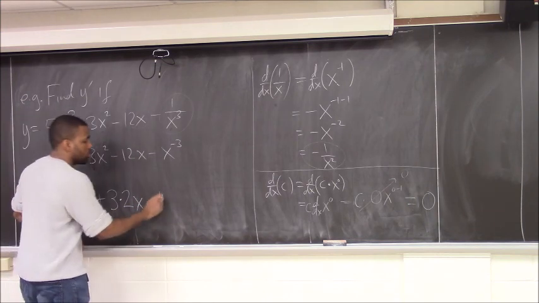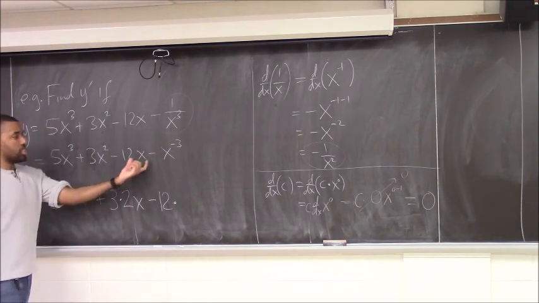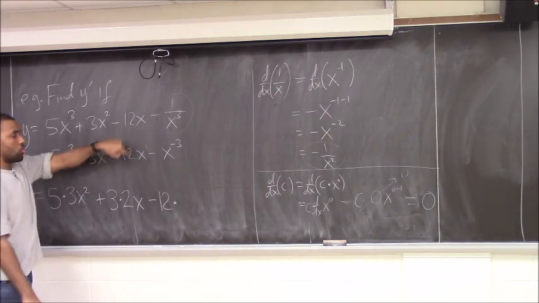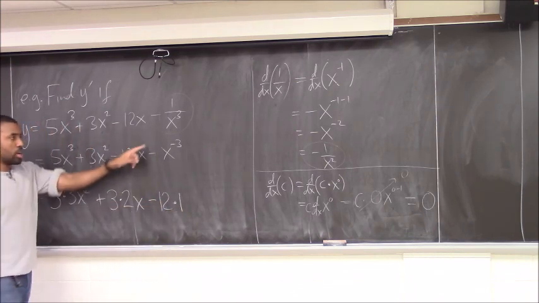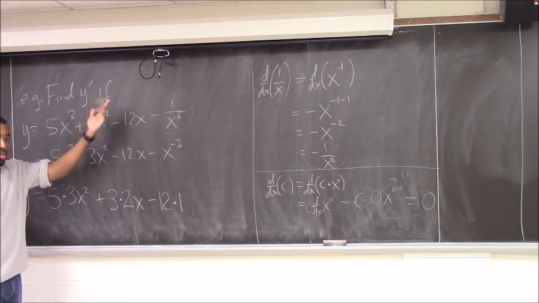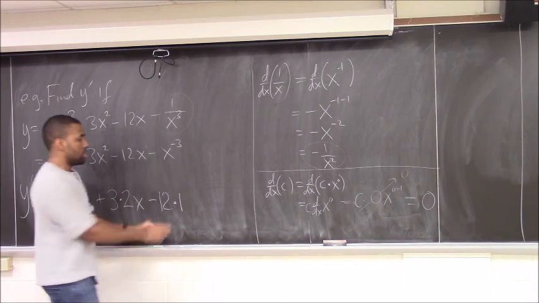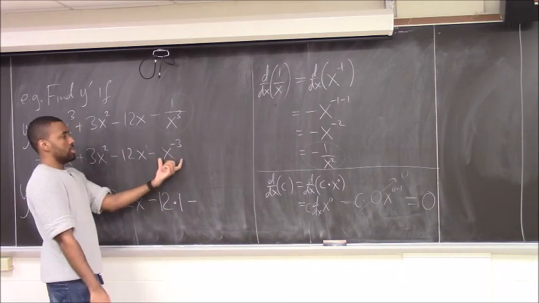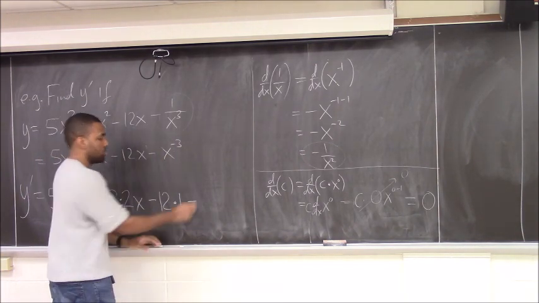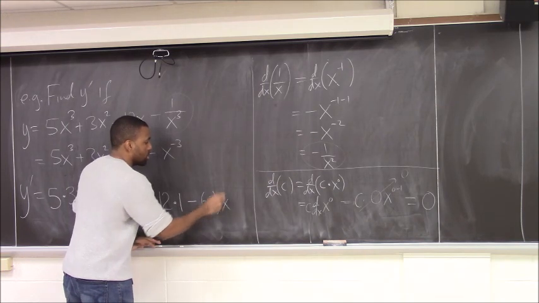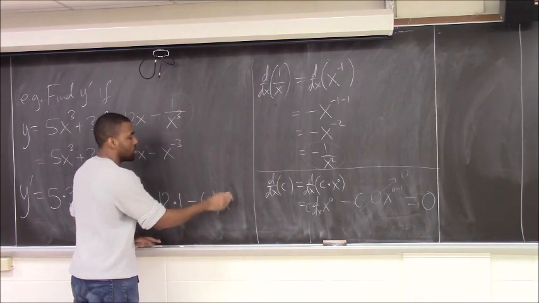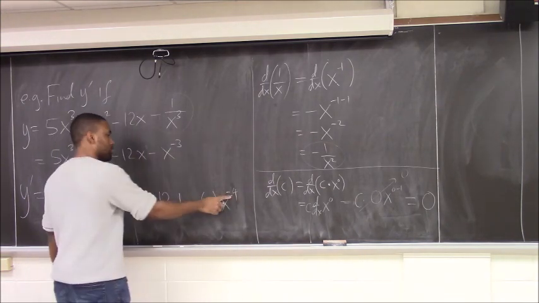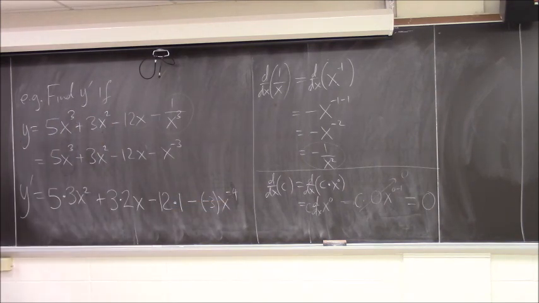Minus 12. Differentiate x, which is x to the 1. Bring the 1 down. Subtract 1 from the power, you get x to the 0. That's just 1, so that stays here. That's a minus. This is x to the n. Bring the minus 3 down and subtract 1 from the power, you get minus 4. So that's the derivative.